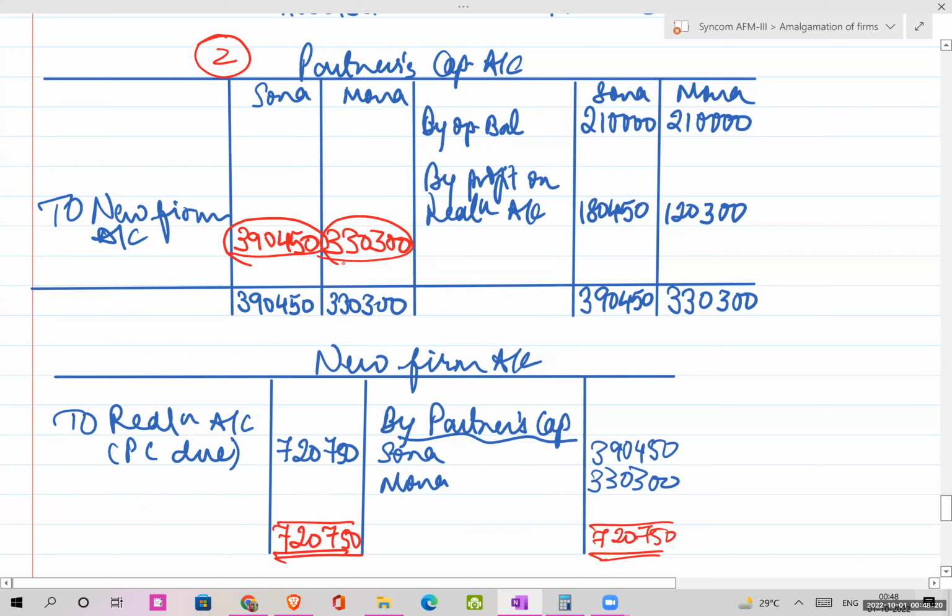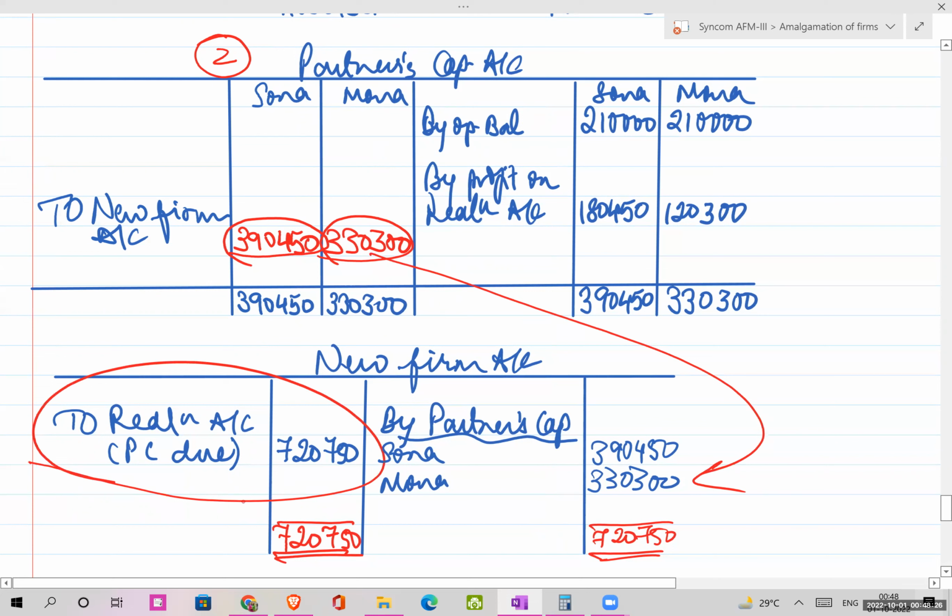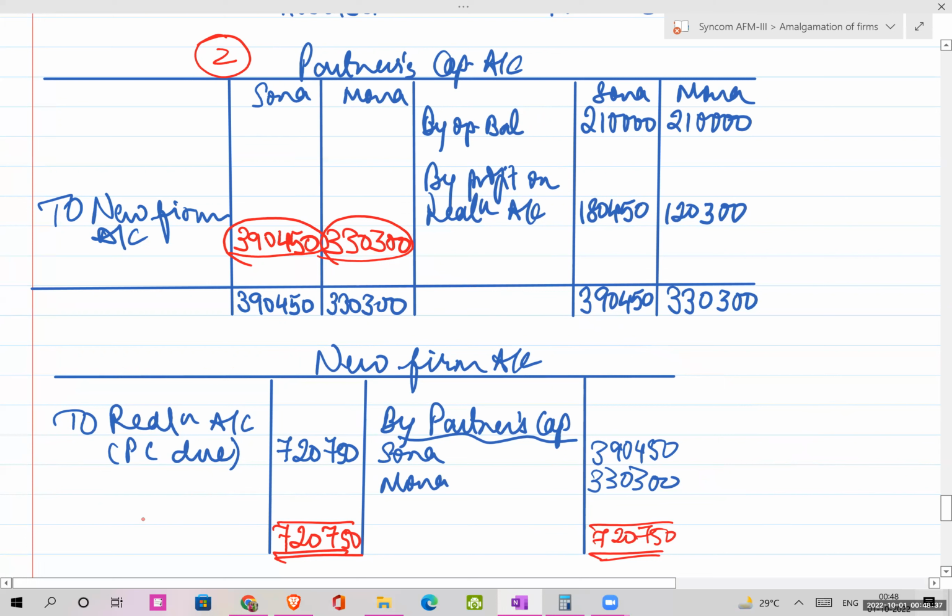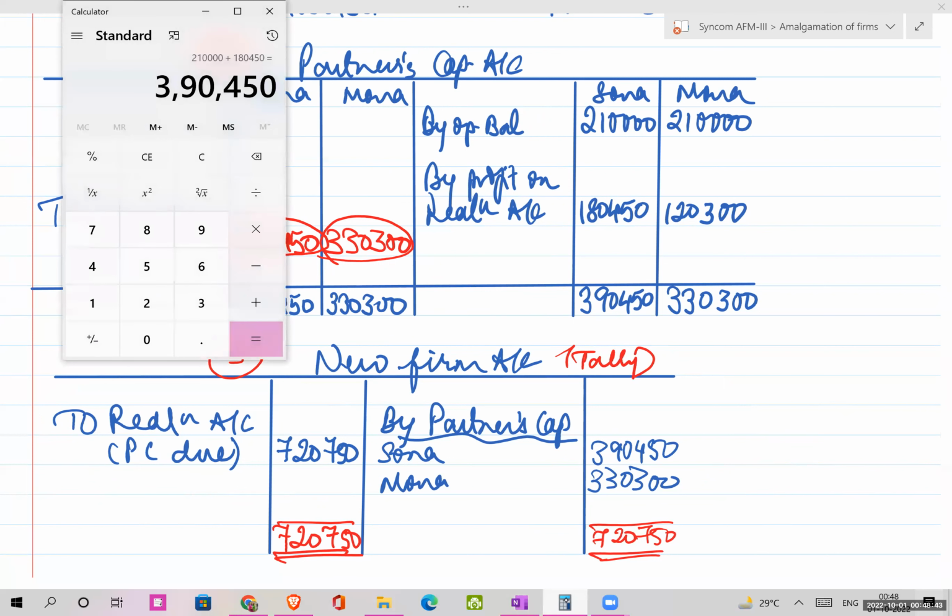Okay, इसका सेकेंड इफेक्ट इधर, ओके. और वो पीसी ड्यू का सेकेंड इफेक्ट इधर. द जर्नल एंट्री इज न्यू फॉर्म्स अकाउंट डेबिट टू realization. Okay, so I hope this is very much clear to everyone, and obviously this ledger has to tally plus 3,30,000, 300.